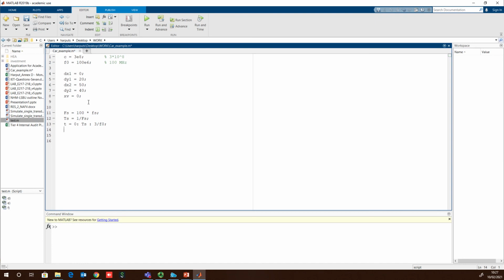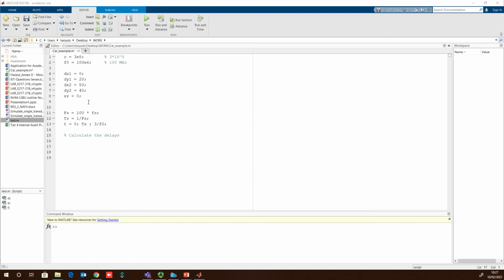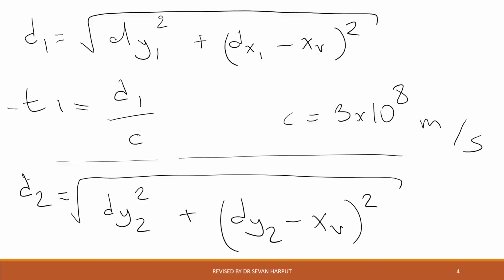And then I'm going to write a cosine and sine function, but inside these functions we need to integrate the time delays. So I'm going to start doing some calculations. Let's calculate the delays here. Let's go back and look at our drawing.